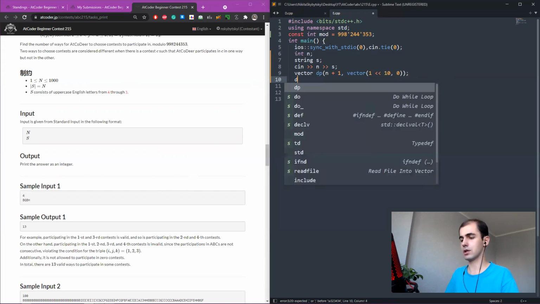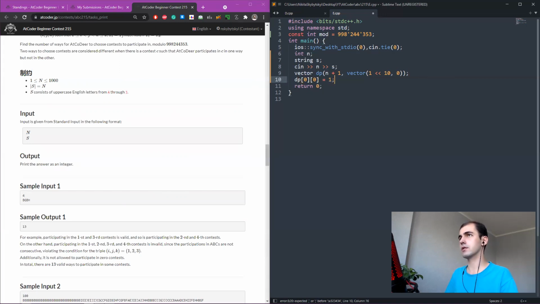Okay. dp[0][0] is equal to 1. So the second parameter is the mask of contests that we already used. Or perhaps we also want to add the current contest to it. That is still fine.